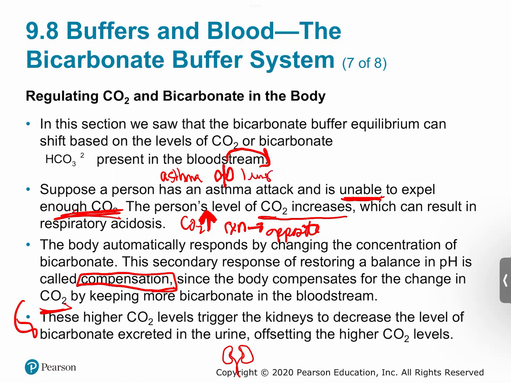So your kidneys are going to try to decrease the bicarbonate excreted in the urine to offset the higher CO2 levels and maintain equilibrium. All about maintaining equilibrium. Okay, so that's my silly drawing of kidneys. The kidneys want to keep bicarbonate.